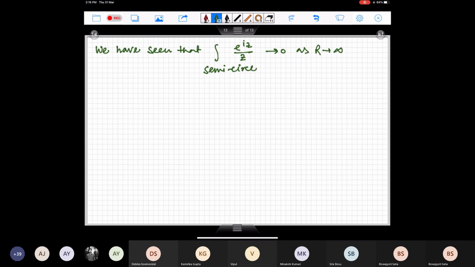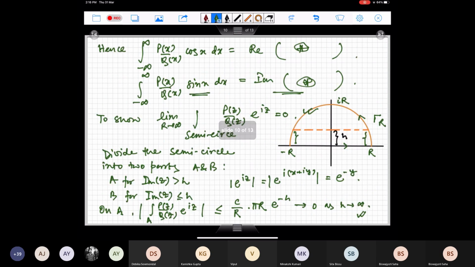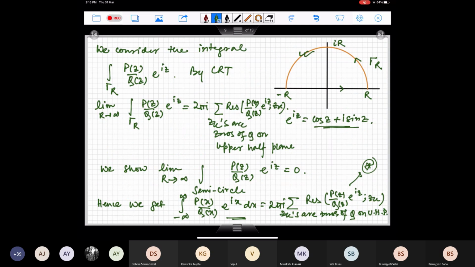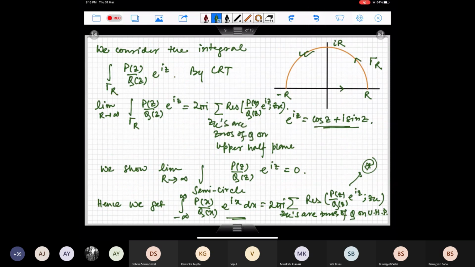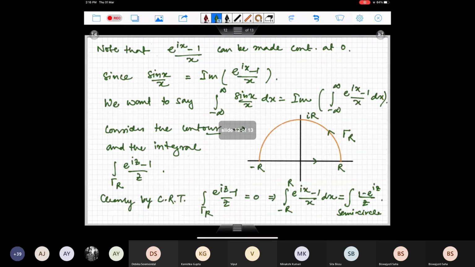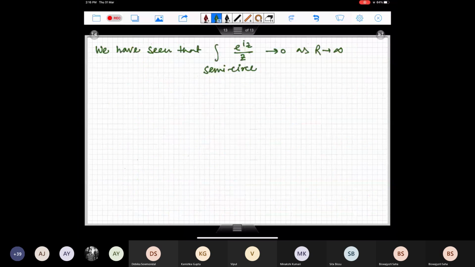This is from the previous analysis, where we showed this for the case p(z) by q(z), and we have already explained it in the last class. So the same holds. We know that this integral is 0 as r tends to infinity, so e power iz by z on the semicircle goes to 0 as r tends to infinity.